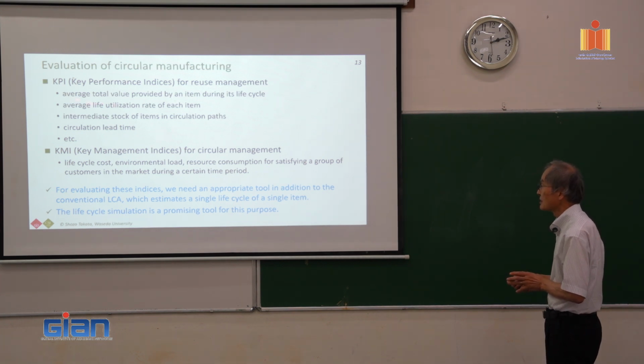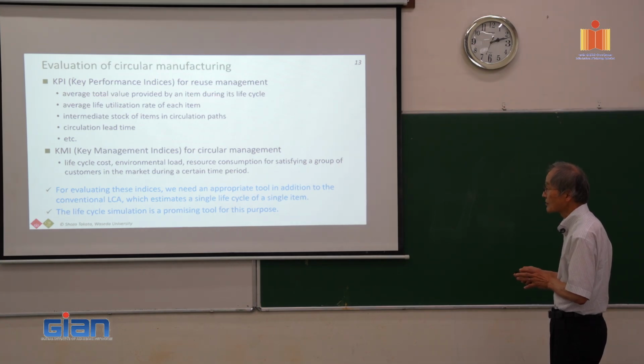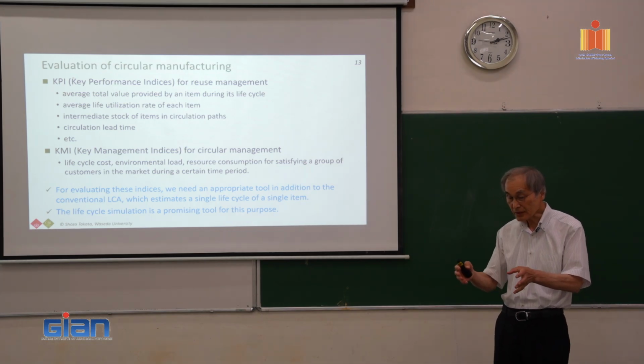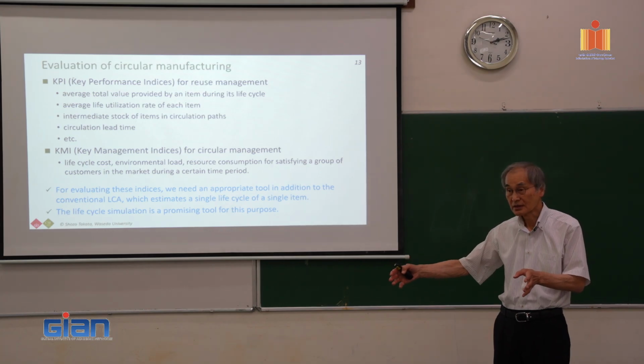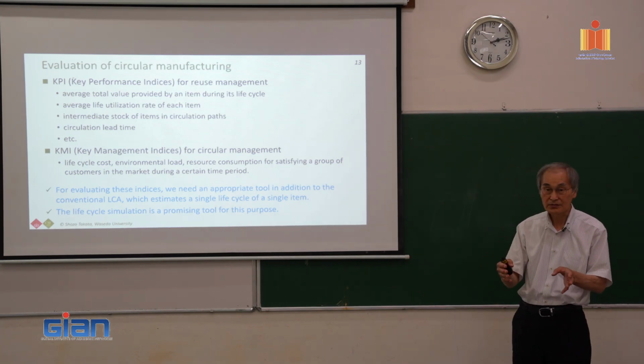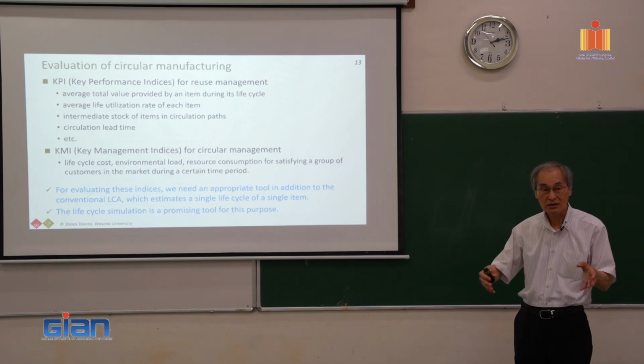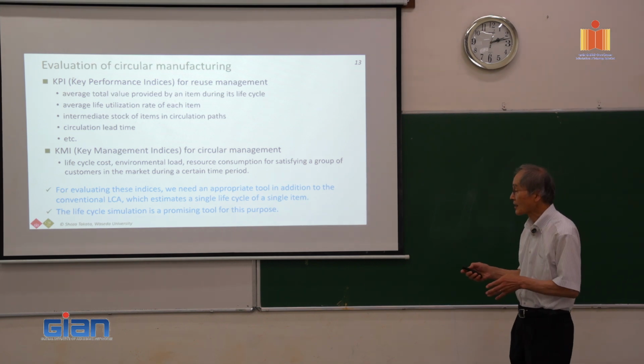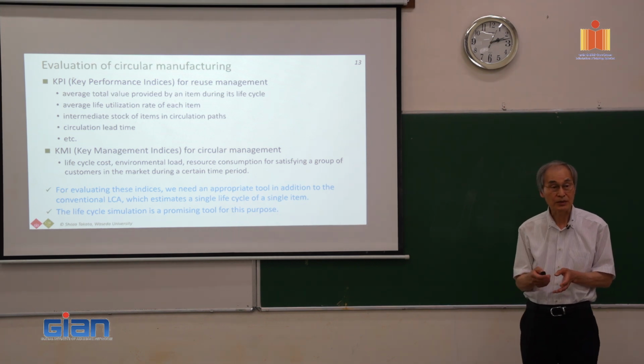For example, the average total value provided by items during their life cycle, and the average life utilization rate of each item. Life utilization rate means, if the product has an average life of 10 years, but the user discards it in 5 years, then the life utilization rate is 50%.